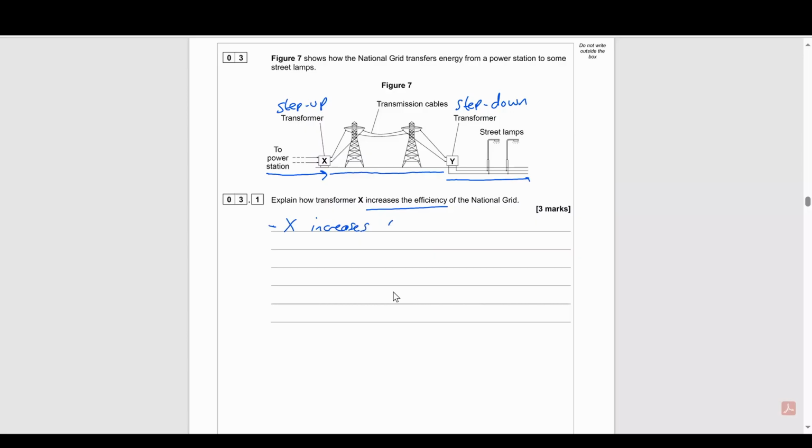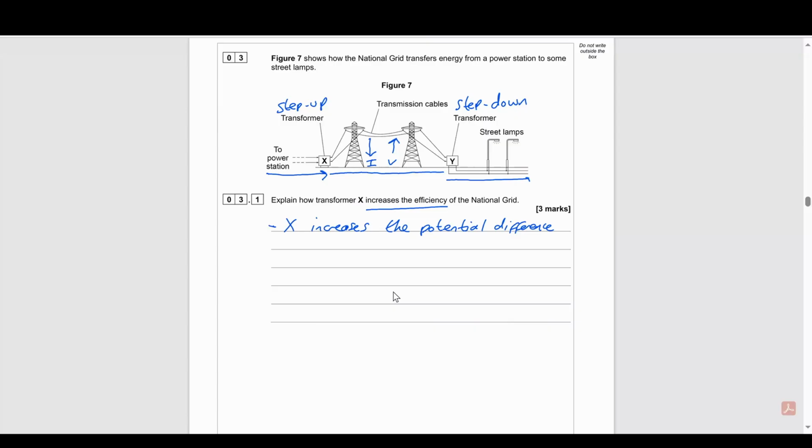But why do we want to increase the potential difference? Well, the reason is because we want to be able to decrease the current through the transmission cables. So we want the current to be decreased, and to do that, we need to increase the potential difference.